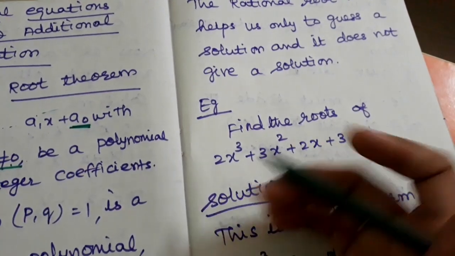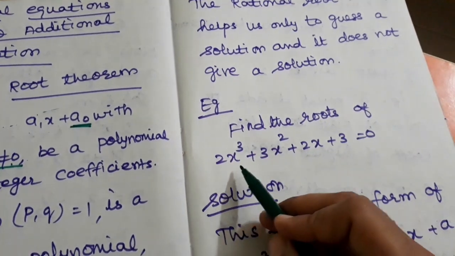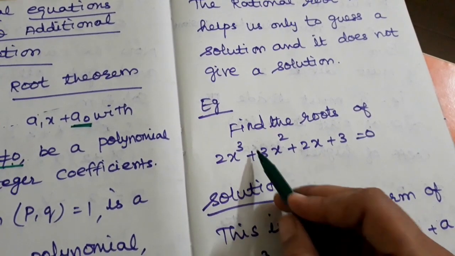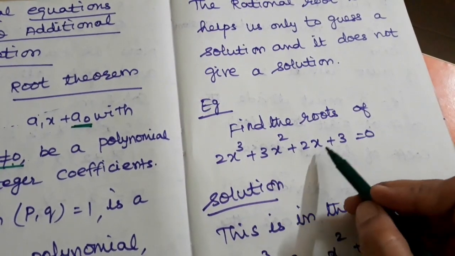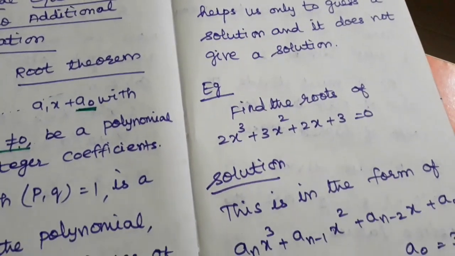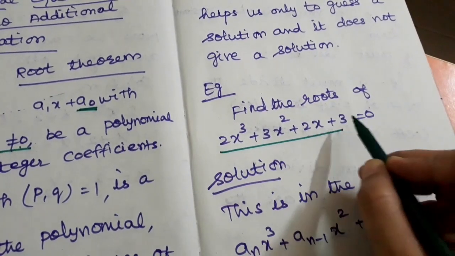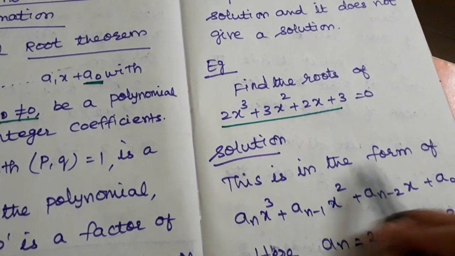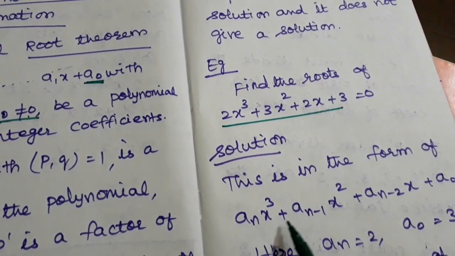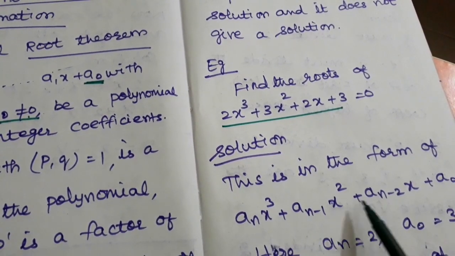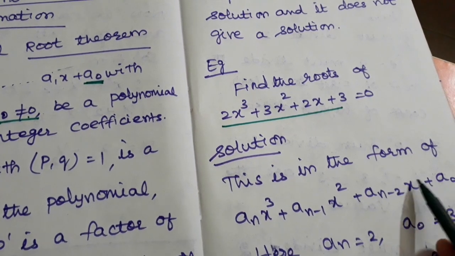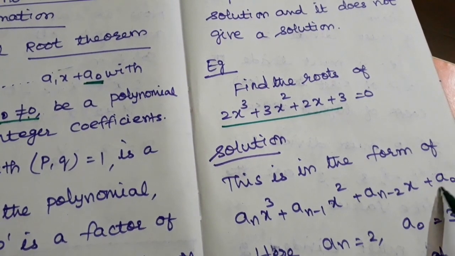We can take this example. Find the roots of 2x cube plus 3x square plus 2x plus 3 is equal to 0. This is a cubic equation. It is in the form a(n) x cube, a(n minus 1) x square, a(n minus 2) x, a0.